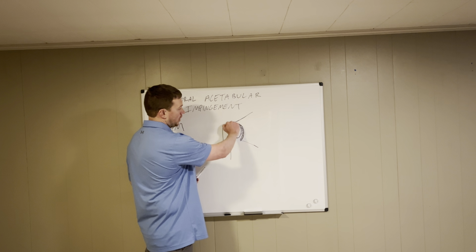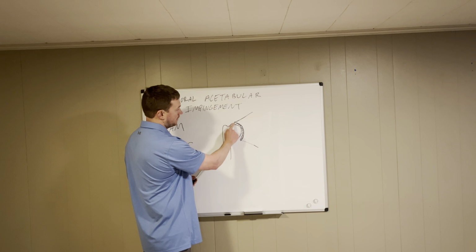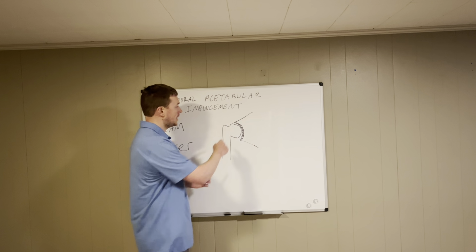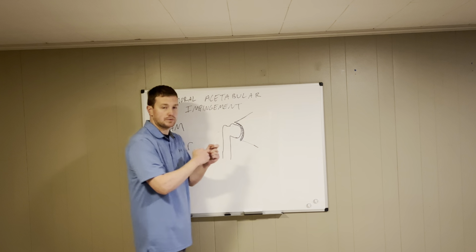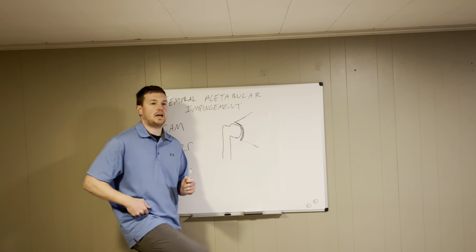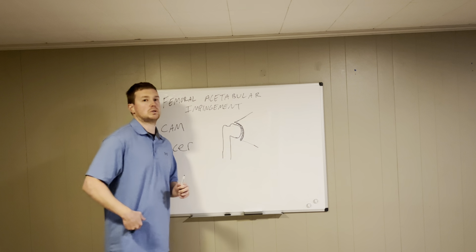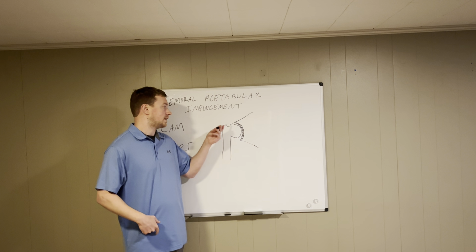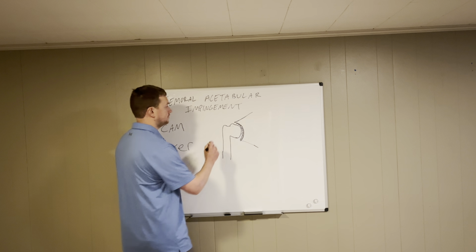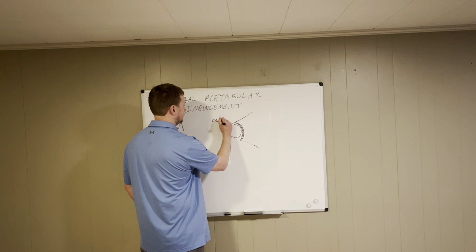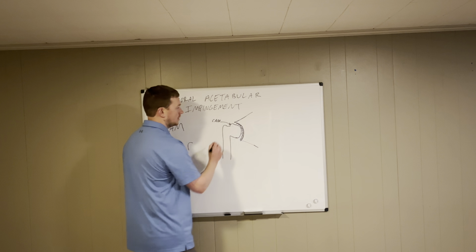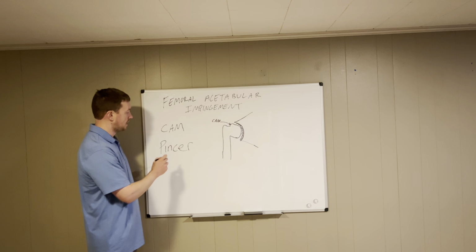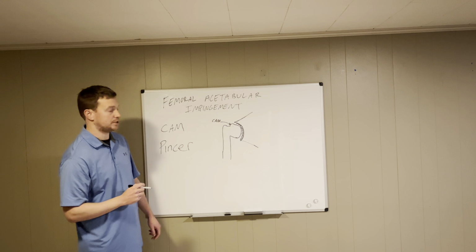So as you try to rotate up, instead of clearing underneath this lip and having nothing pinching, now that bump is pinching in there, and you get that pain when you go to flex the hip or any kind of rotation. You get that deep pinching pain in the hip. That will be called a CAM impingement.